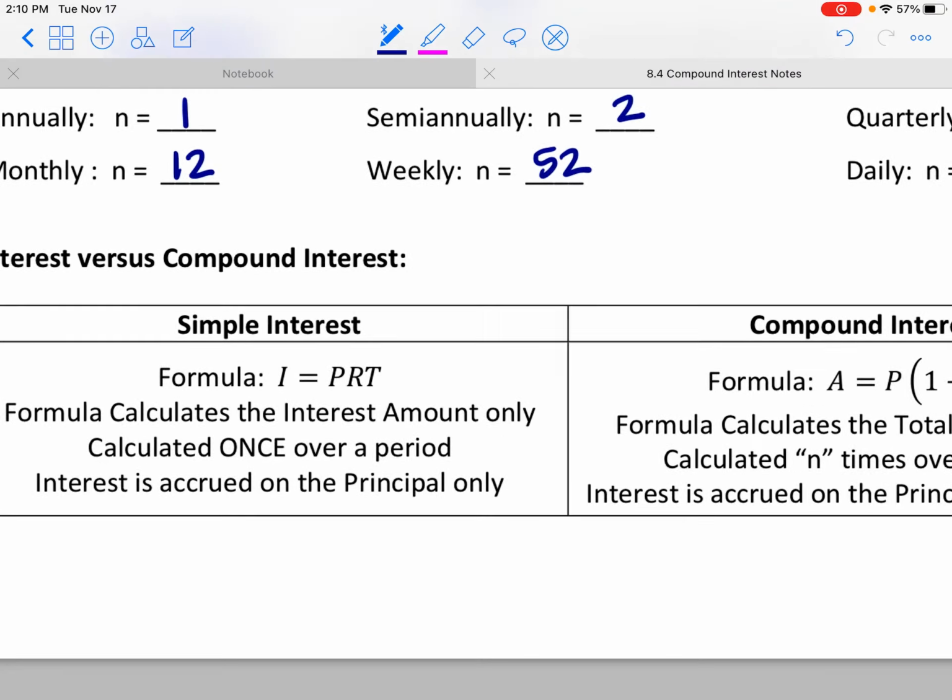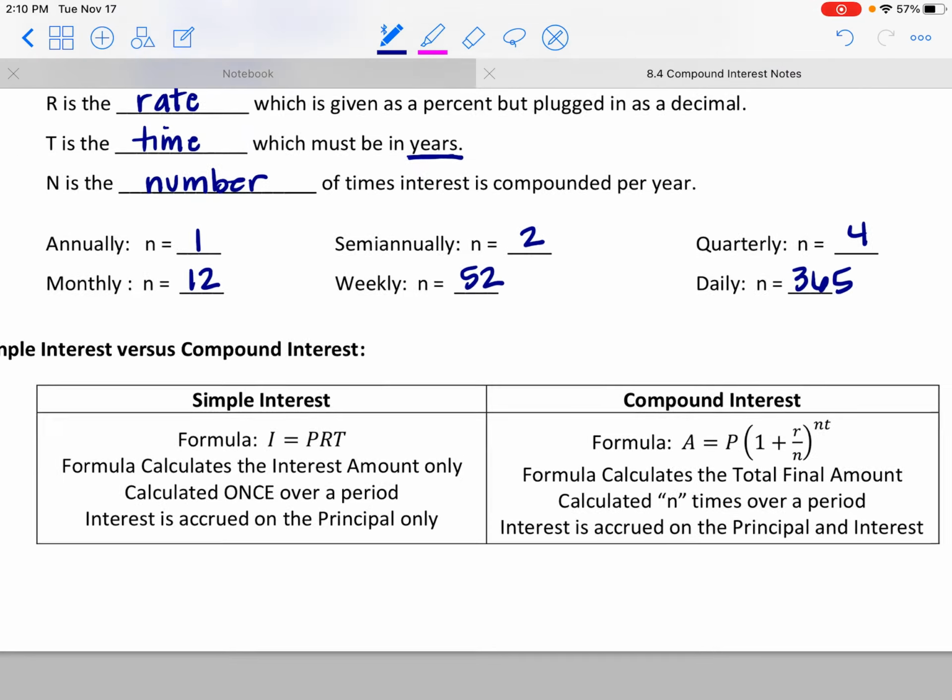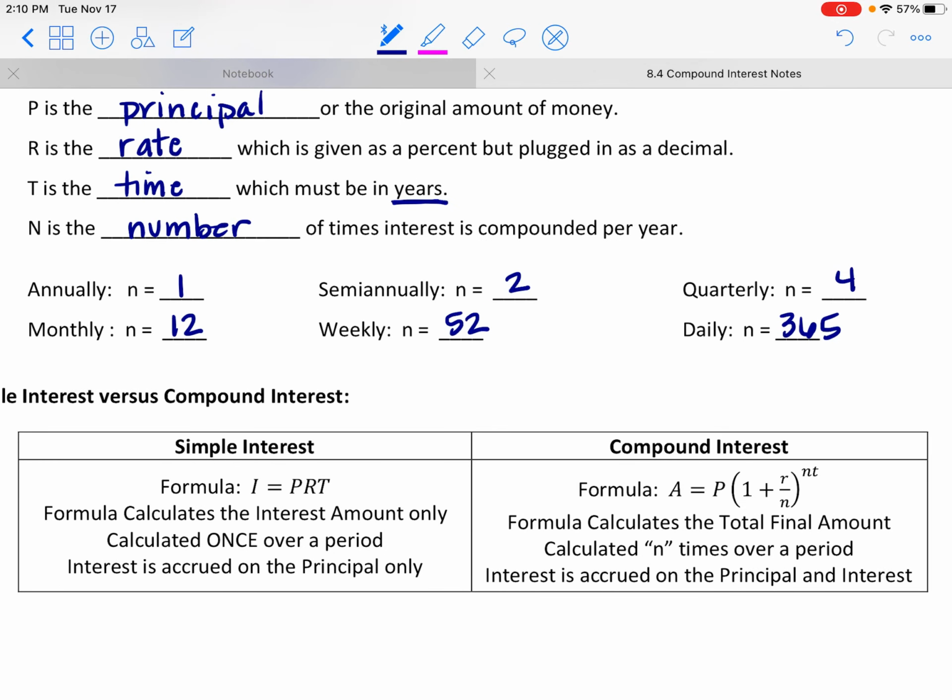Okay, so again, just to reiterate some of the connections between simple and compound interest. So simple interest is our interest formula, and it calculates just the interest, where our compound interest formula has all of this, and it calculates the total final amount. All right, so there's one difference.